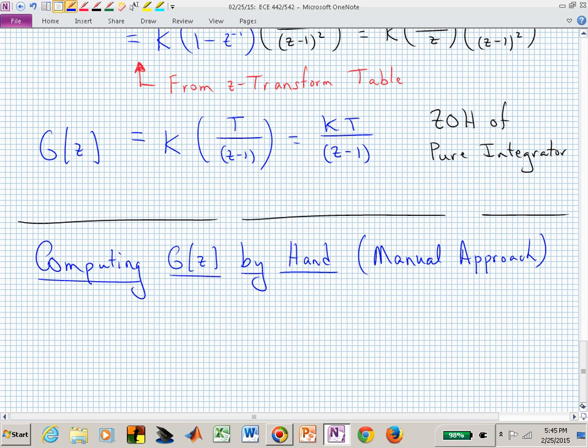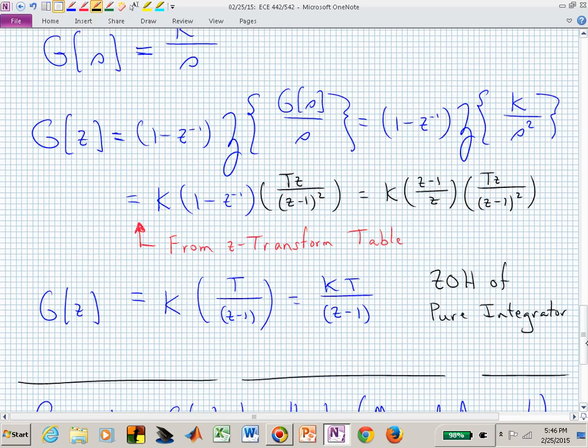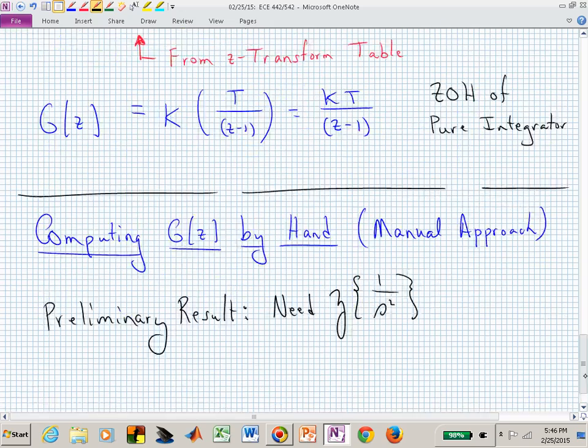To do it manually, we're actually going to need a preliminary result. In the process of deriving this zero order hold equivalent, we are going to need the z transform of 1 over s squared, as we just used up here from the table.